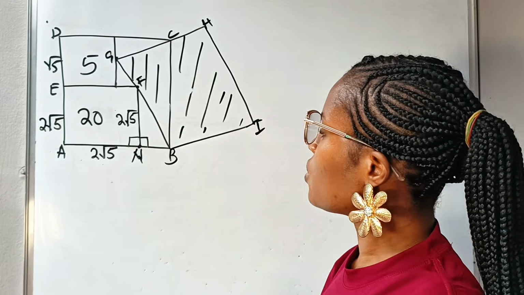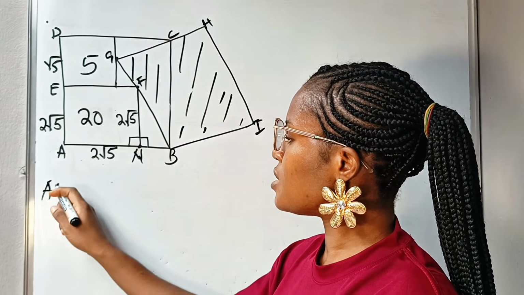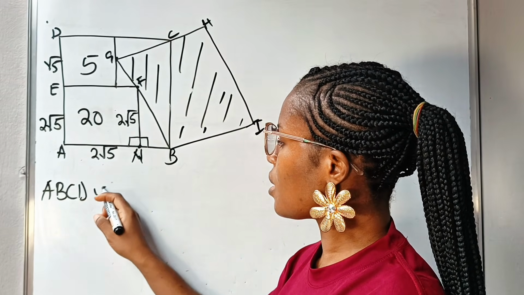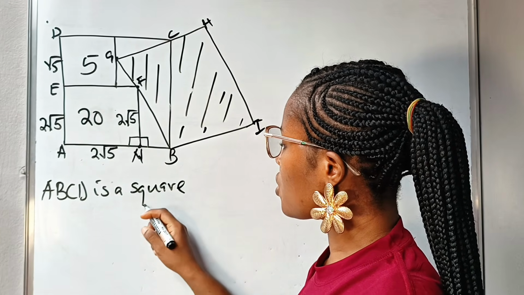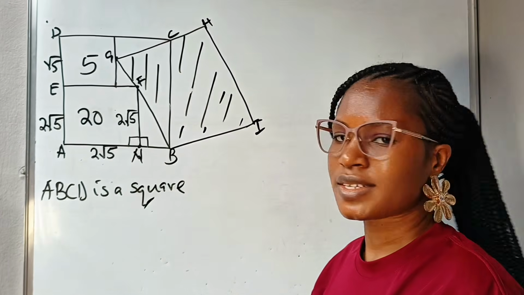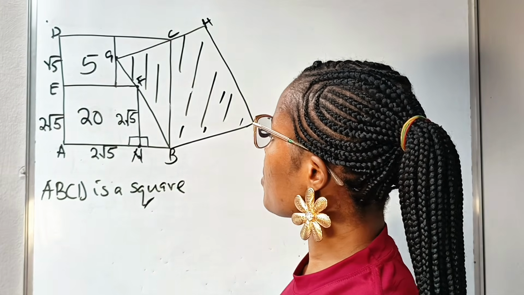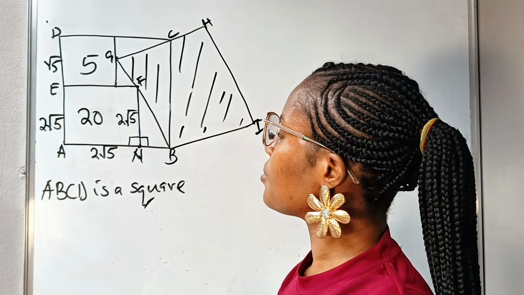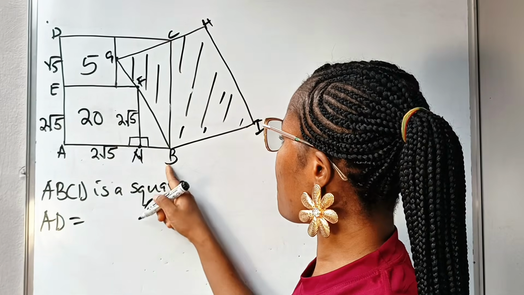Now, first of all, note that ABCD is a square, so as a result of that, all the sides are equal. Since all the sides are equal, it simply means that AD should be equal to AB.